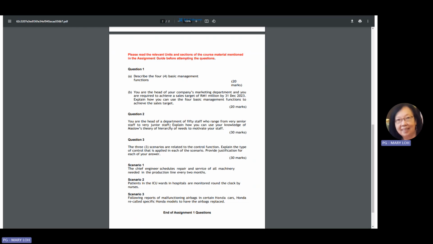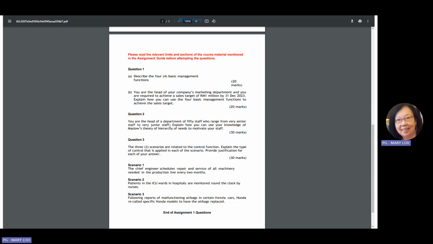So you need to use this particular theory, Maslow hierarchy of needs theory, and apply it to motivate your staff. You cannot do this question if you don't understand Maslow hierarchy of needs theory. So first we need to understand Maslow's theory and then explain for each level how you are going to motivate your staff, bearing in mind you have junior and senior staff.